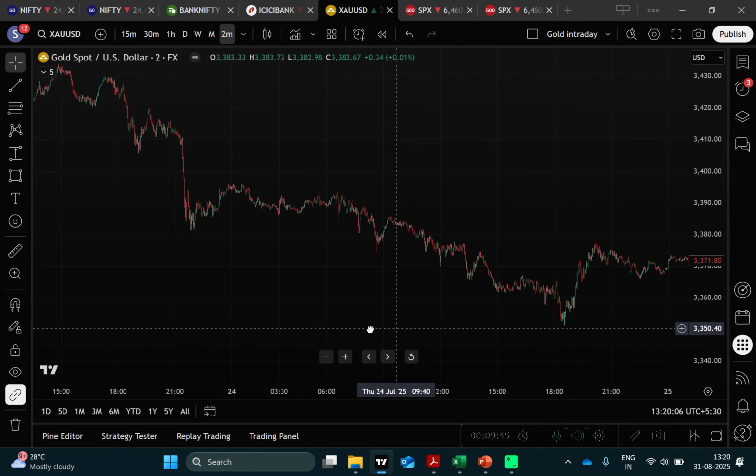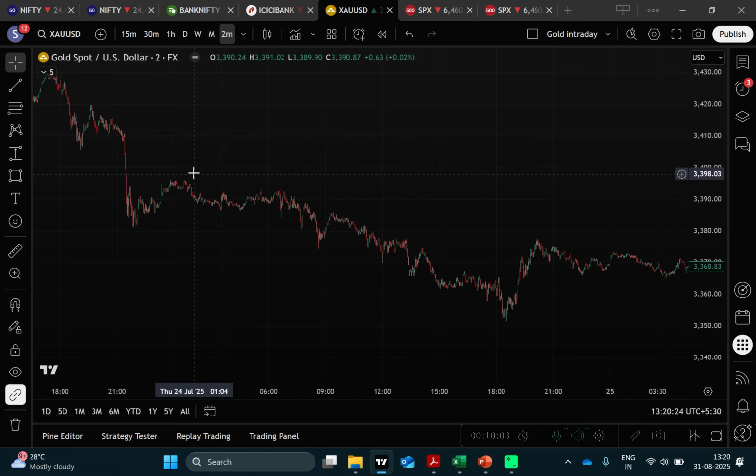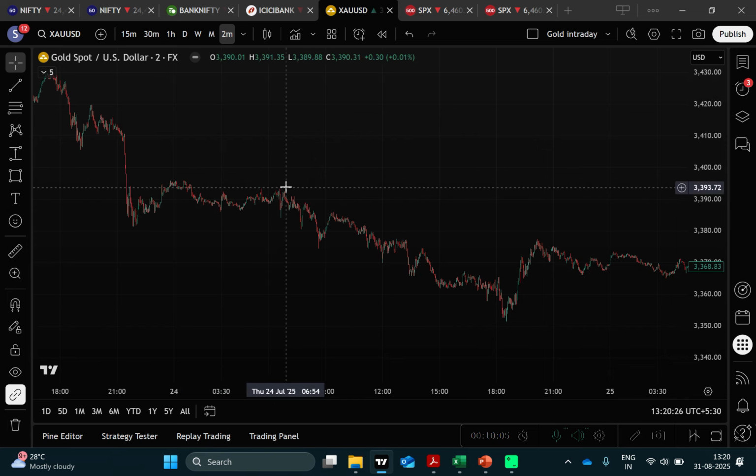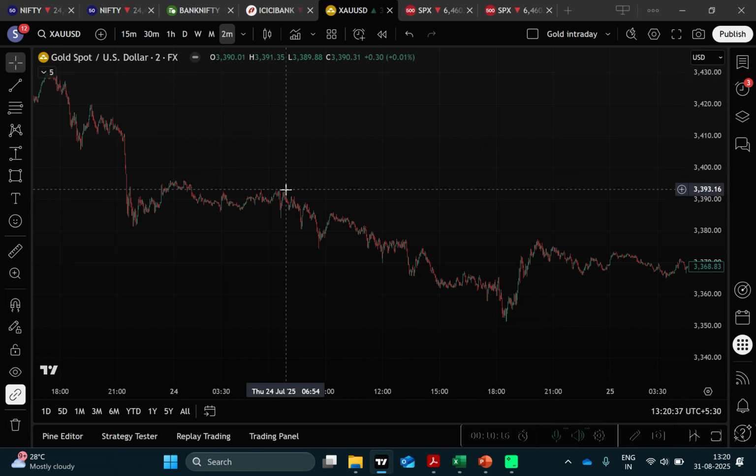So this is the 24th. By the way, this is Indian Standard Time at the bottom here. Ideally, you should do this in New York time to get the best out of this, but for demonstration I'm doing it in Indian time because I'm in India.